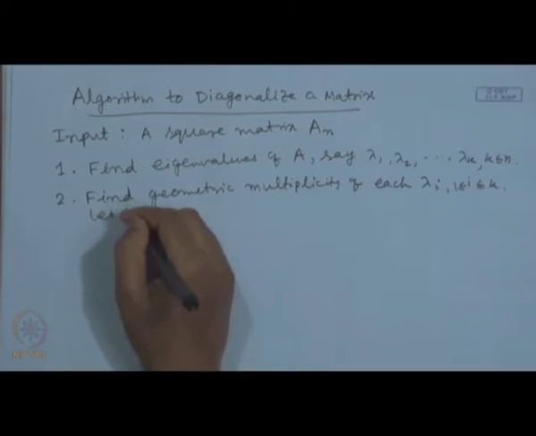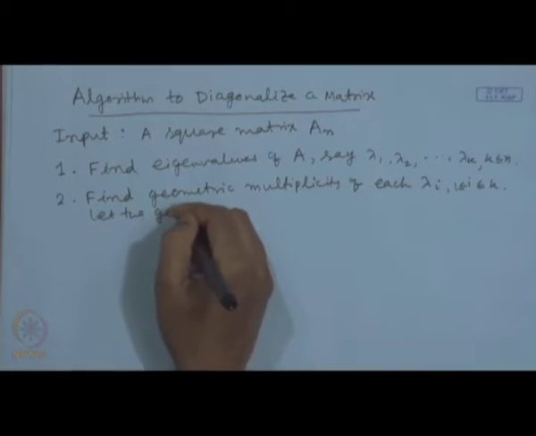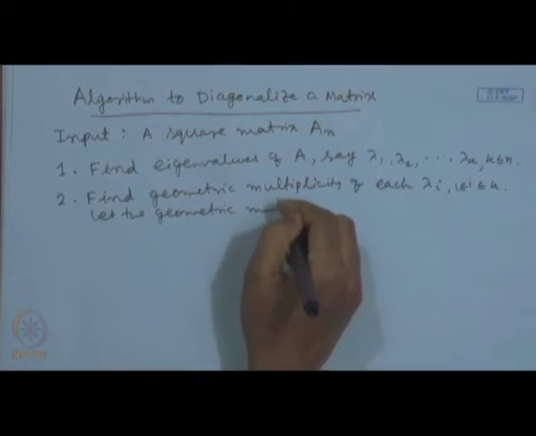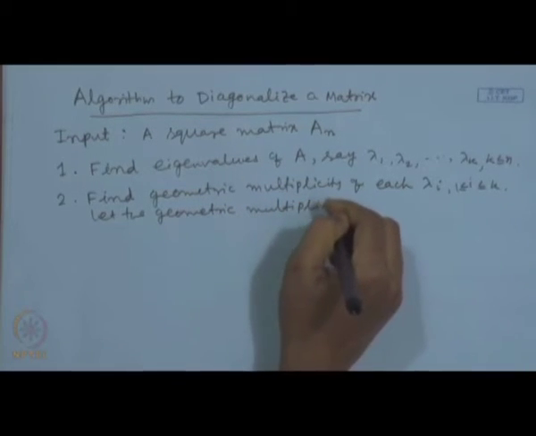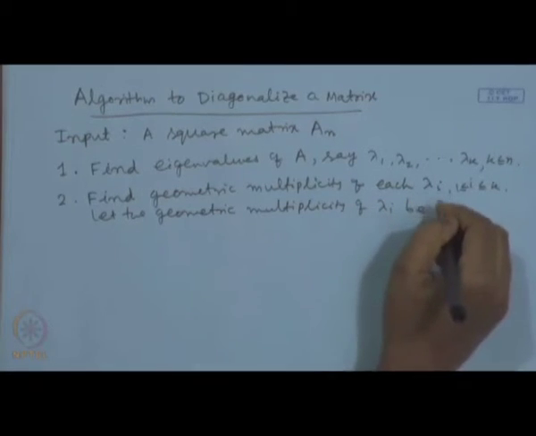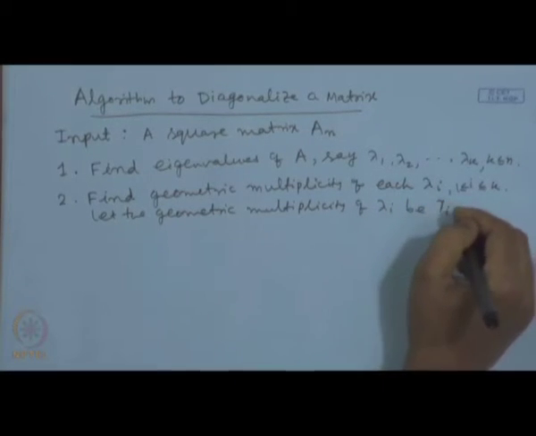Let the geometric multiplicity of lambda i be gamma i.